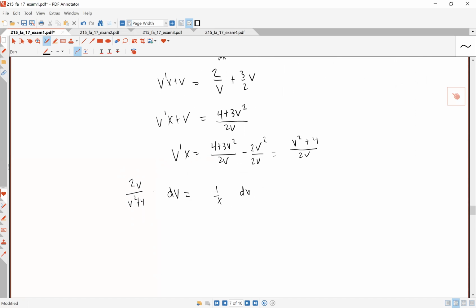When we integrate both sides, if you let u equal v squared plus 4, then du is 2v. So that's the integral of 1 over u, which is the natural log of u, which happens to be v squared plus 4. V squared plus 4 is always positive, so no absolute values are necessary. And now the integral of 1 over x is the natural log of absolute value of x plus some constant.